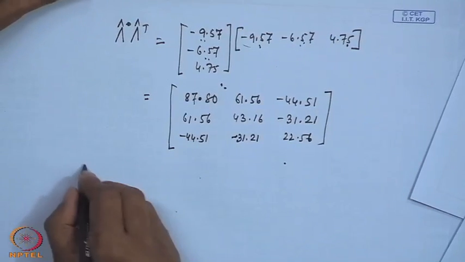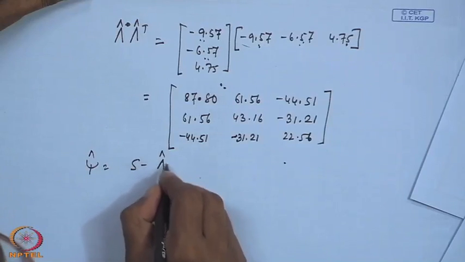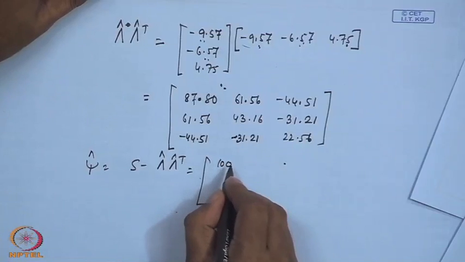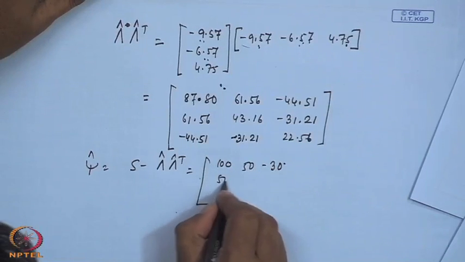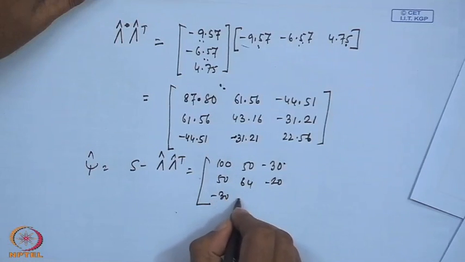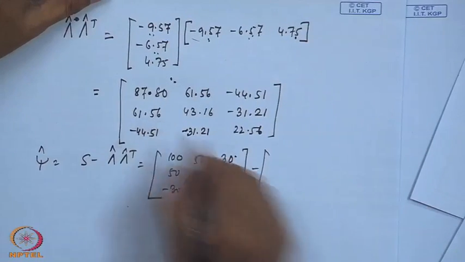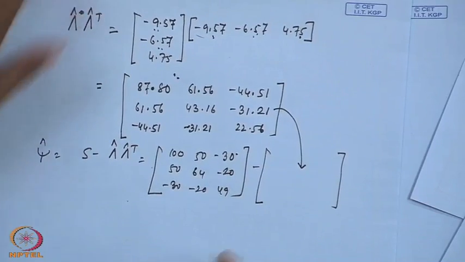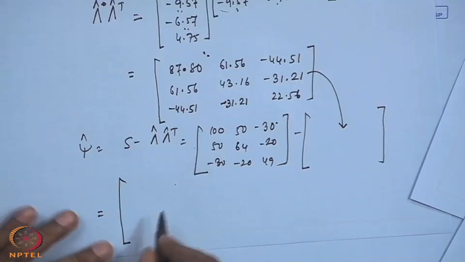So your psi cap is S minus lambda cap lambda cap transpose, which is 100, 50, minus 30, 50, 64, minus 20, minus 30, minus 20, 49, minus this matrix. So ultimately you will be getting a matrix like this.